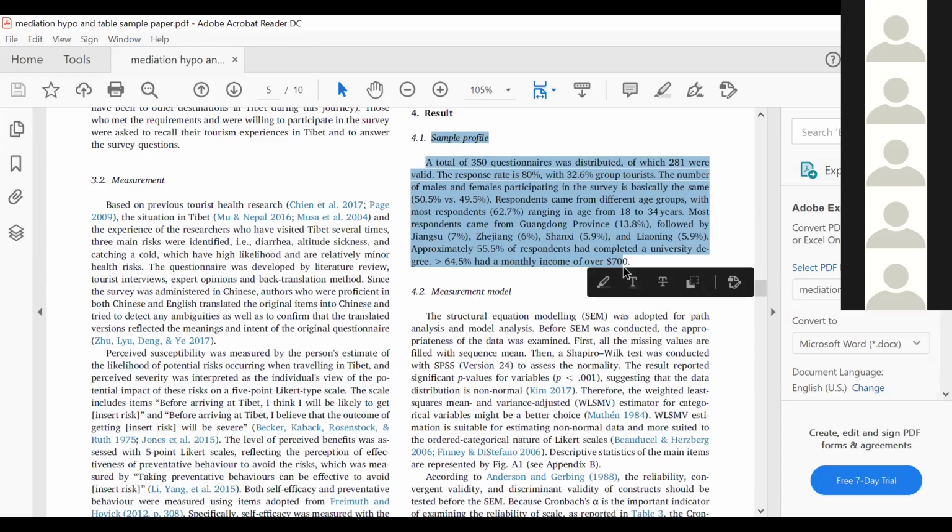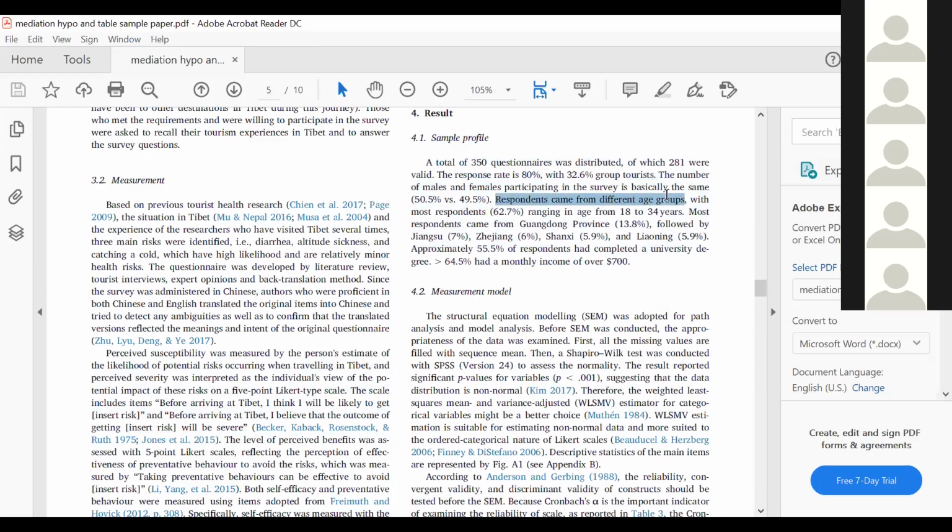See here, he says, I told you, demographics, respondents came from different ages, 62.7, which means the majority was 18 to 34. Respondents from so and so province, he's telling the provinces within Lhasa city, and he is describing the demographics of the sample.